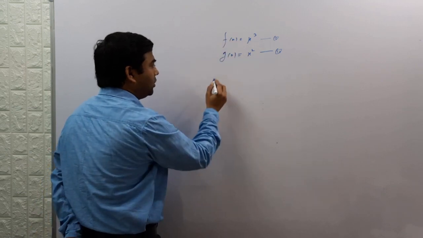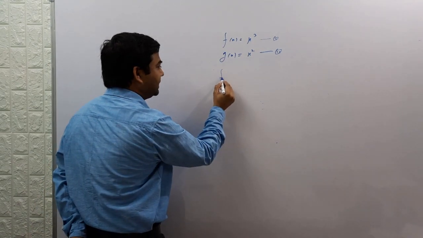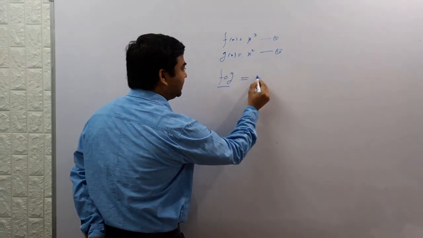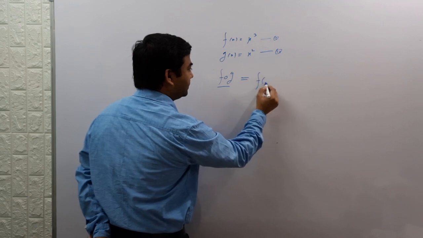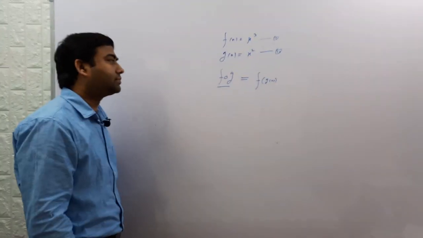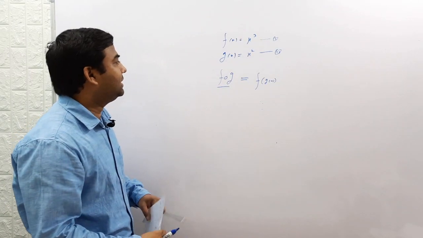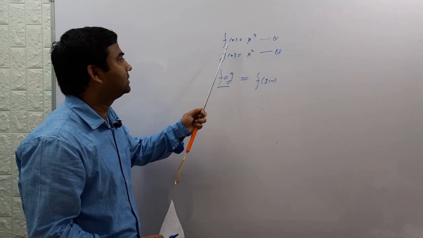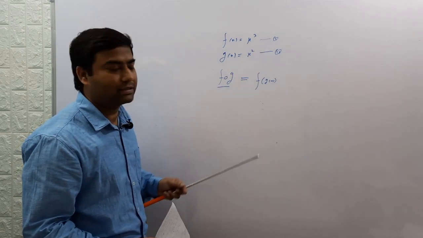Composite function of f and g is written as f∘g. This can also be written as f(g(x)). So here we have two rules, one rule is f(x) and second rule is g(x).